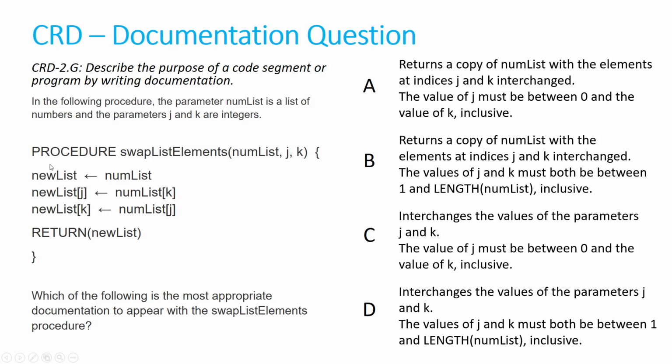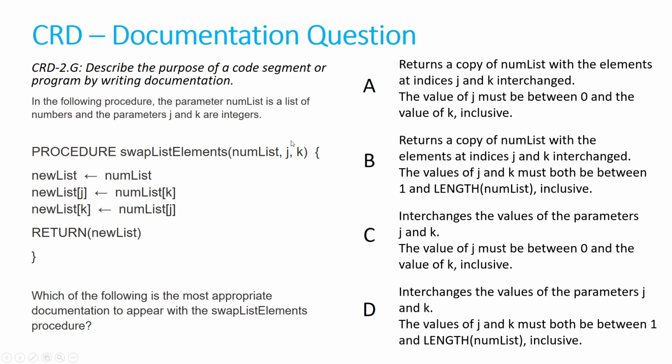It saves new list as num list. So we're basically taking this list and saving it into a new list. And then we say, let's save the position J with the num list position K. And let's save the new list position K with num list position J. And then return new list.